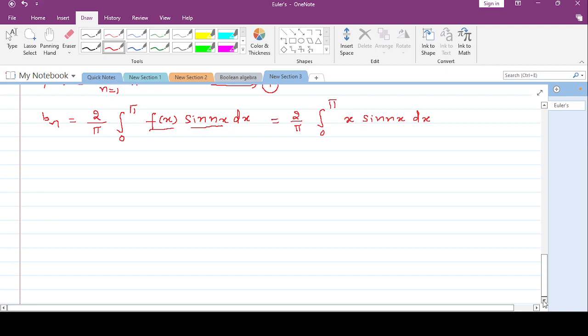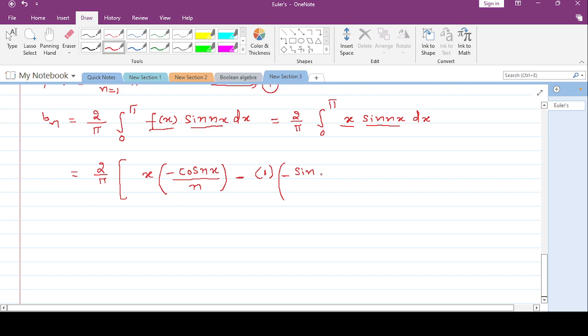So u is x, times the integration of sin, which is minus cos nx by n, minus the derivative of x, which is 1, times the integration of minus cos nx by n, which is minus sin nx by n square, within the limit 0 to pi.